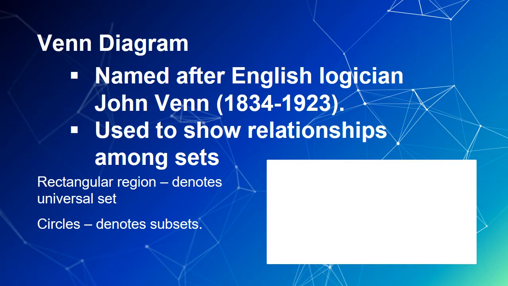That rectangular region shows the universal set, and the set is denoted by the circle. Let's say we have set A under the universal set.